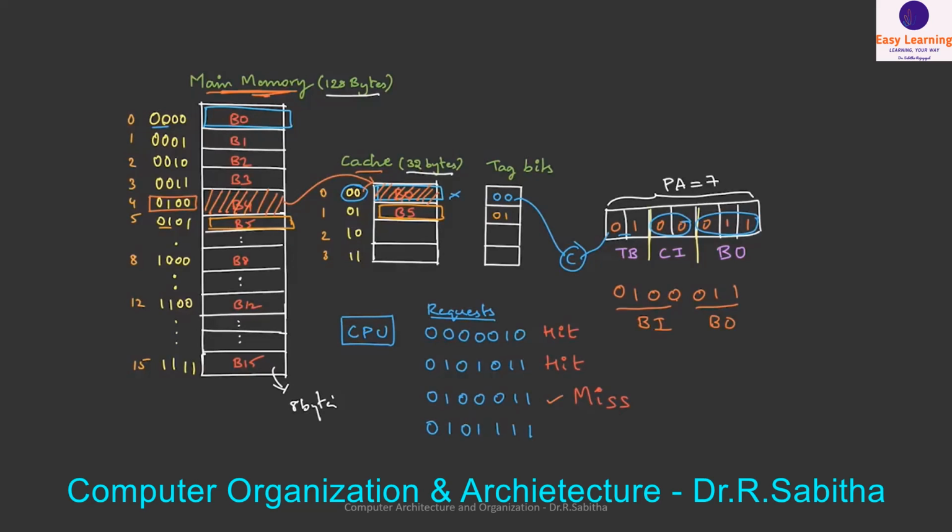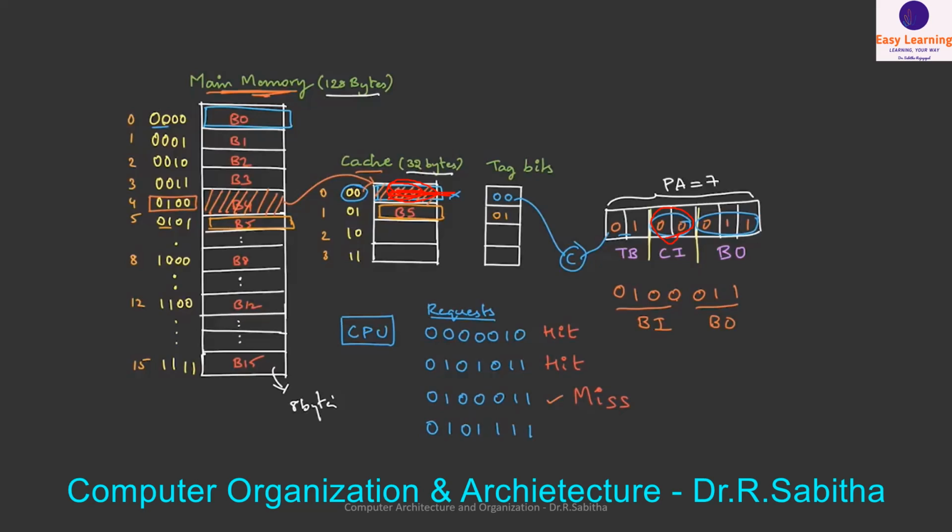Now because it is a miss, we have to replace. So how will you replace? Because this cache index is 0 0, the block that is not wanted by the CPU is occupying this place.